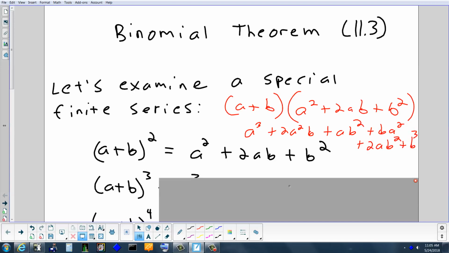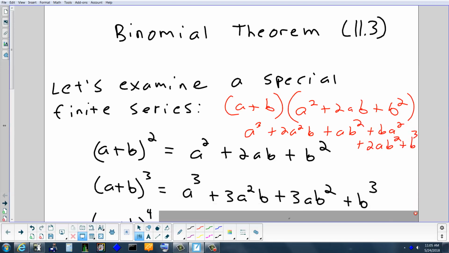Okay, so we've got some like terms we can combine, but let's see what happens when we combine it. We've got the a cubed plus the b cubed. We got that. We've got a 2ab squared, and we've got a 1ab squared right there. 2 plus 1 gives me 3.